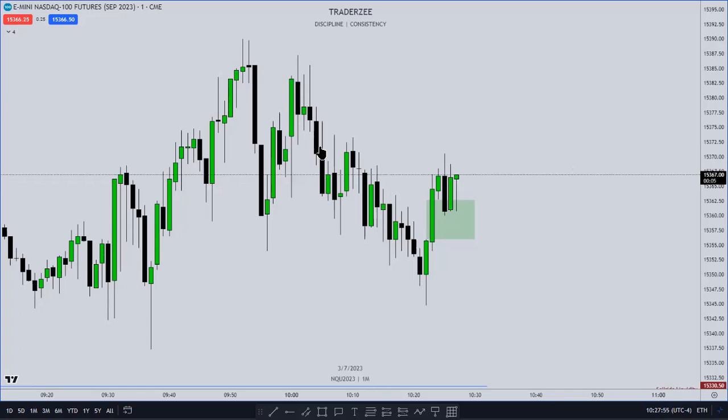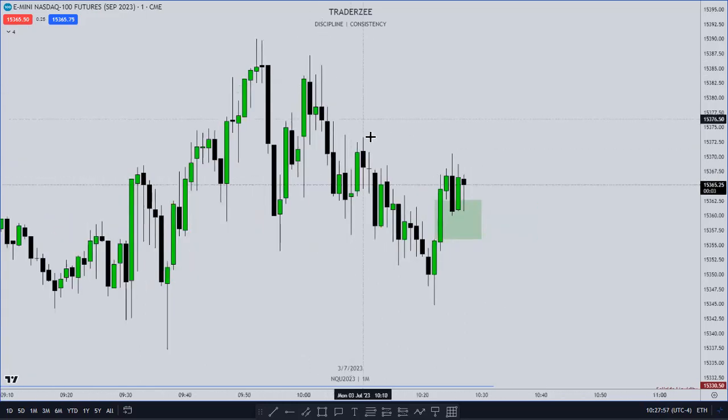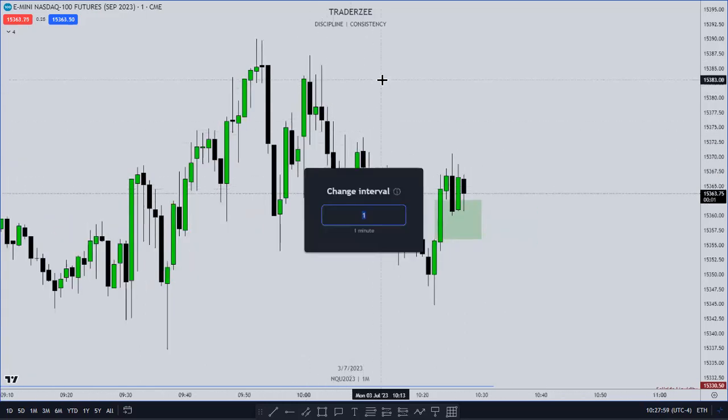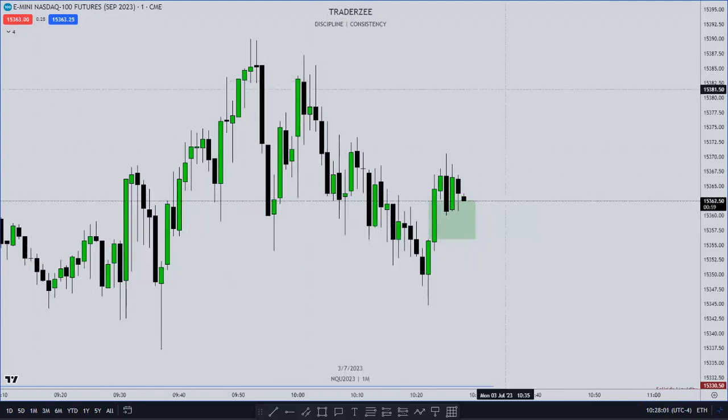I think it can go higher, but it's very tricky.